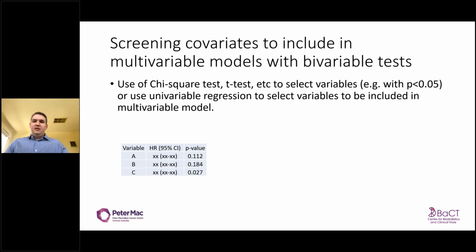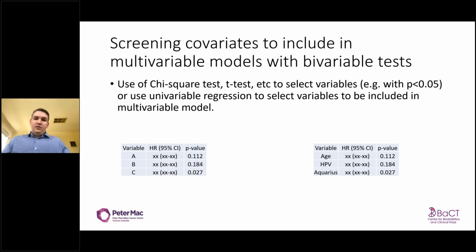However, let's assume that the outcome was overall survival. Let's say that this was oropharyngeal cancer, and the variables were actually age, HPV, and the zodiac sign Aquarius. So if you ignore the p-values for a moment, then you might say, well, hang on, I think we should actually be adjusting maybe for age and HPV status, not for the zodiac sign.